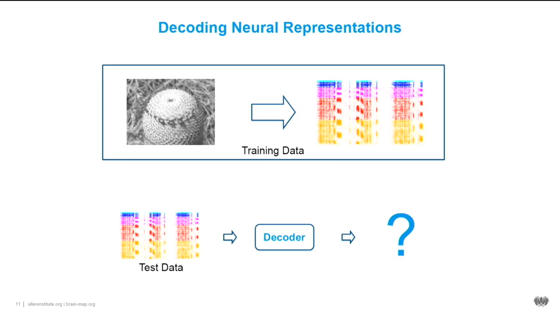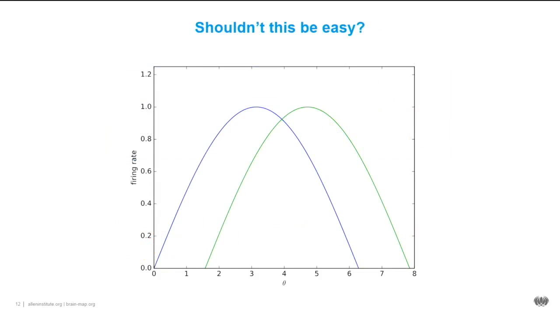Given that one of our simple stimuli is drifting gratings, you might think this is very easy if you've opened your textbook and seen tuning curves, because they are often drawn as nice, clear things, and you might think I only need a couple of cells with slightly offset tuning preferences. But of course, this is not so easy, because there's neural variability; neurons do not respond the same way every single time.